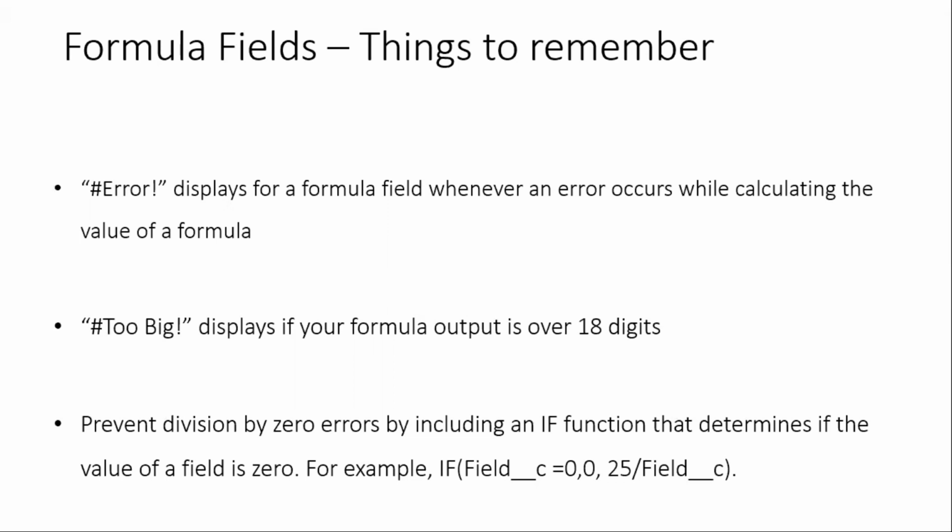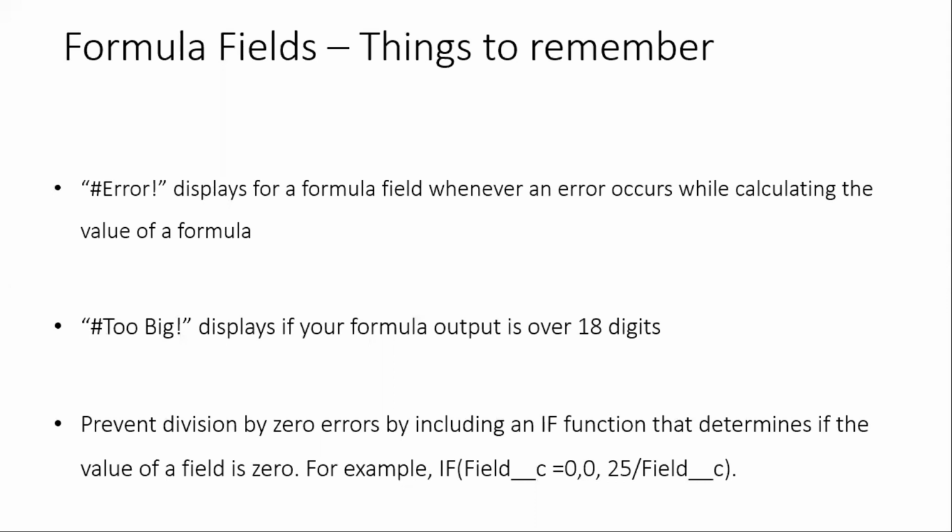It means that whatever formula you have input, the output of that formula is over 18 digits. If there is a number which is too big and goes beyond 18 digits, you're going to see the value as too big. What you can do is trim your number. You can use a formula to use only 18 characters or 10 characters of the number.